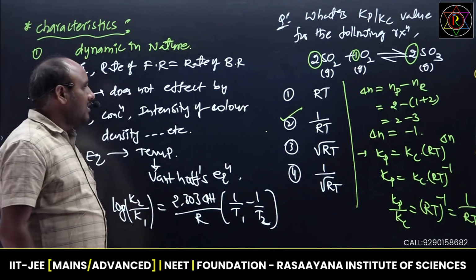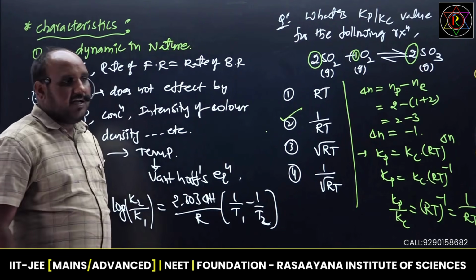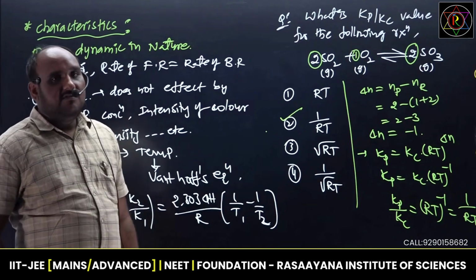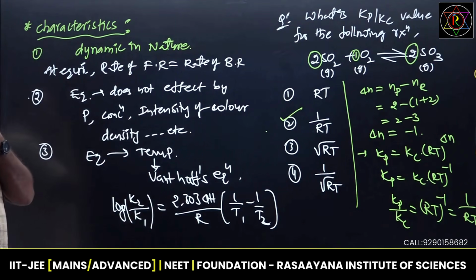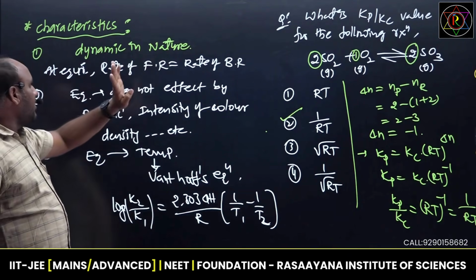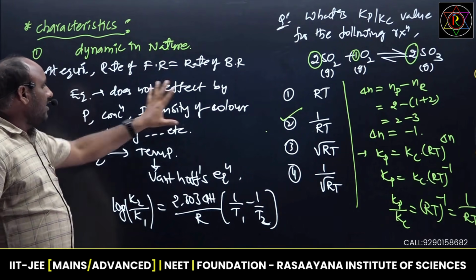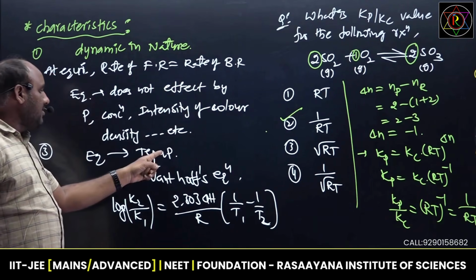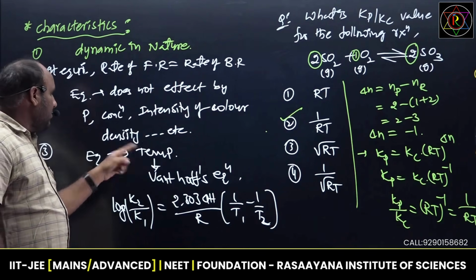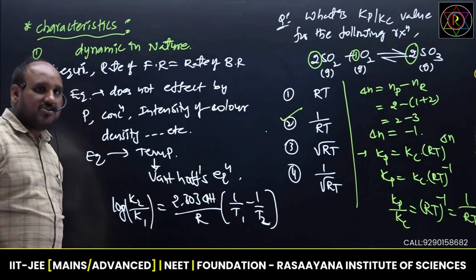The extent and the direction of the reaction are also explained with the characteristics of equilibrium constants. One is dynamic in nature, where the rate of forward reaction equals the rate of backward reaction. Some properties do not affect it, and equilibrium is affected by temperature. That relation is explained with the Van 't Hoff equation.